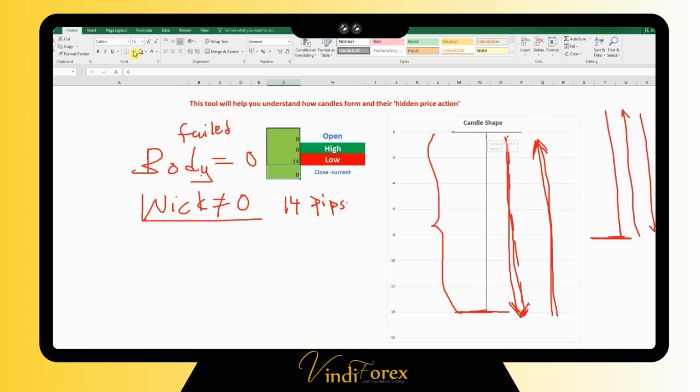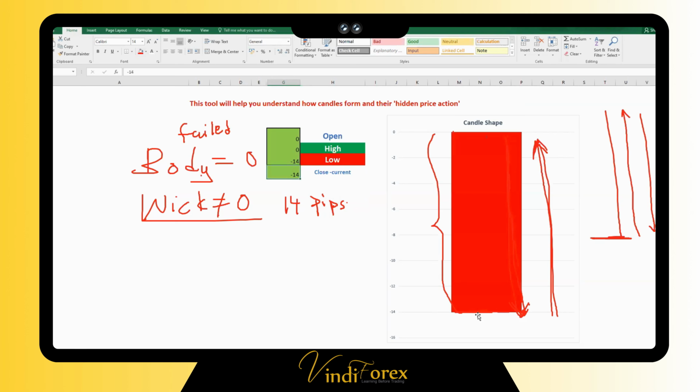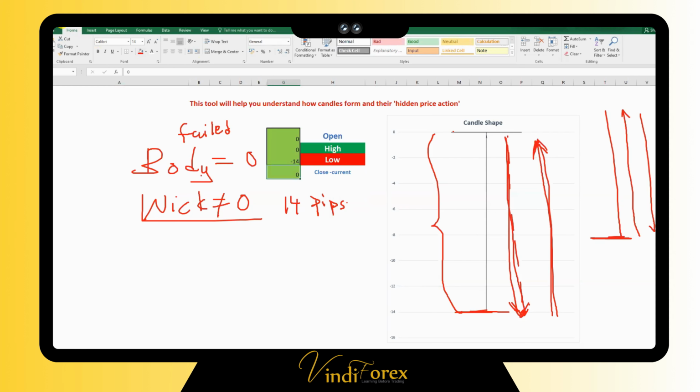Down here is the body. It was not zero at that moment. You can see it's not zero at that moment. But just after, it went back up to become zero. So who failed to keep up? That body that was red down here.